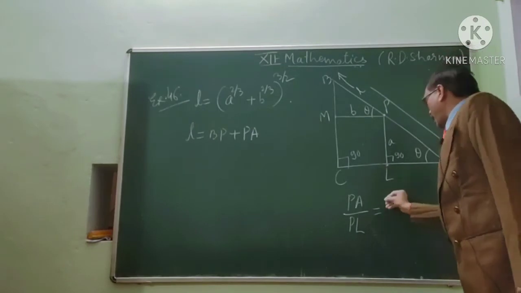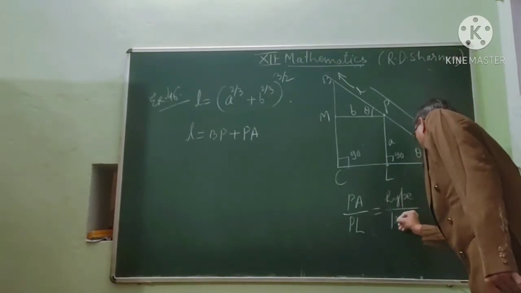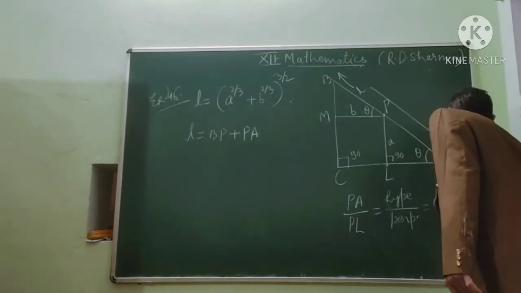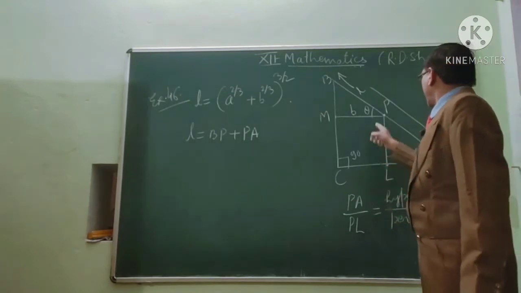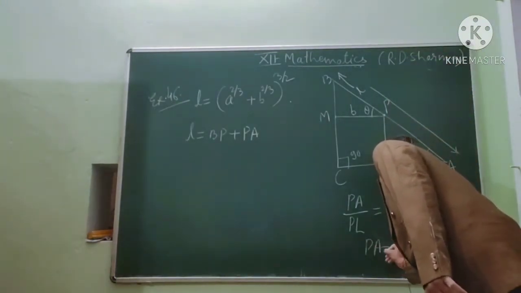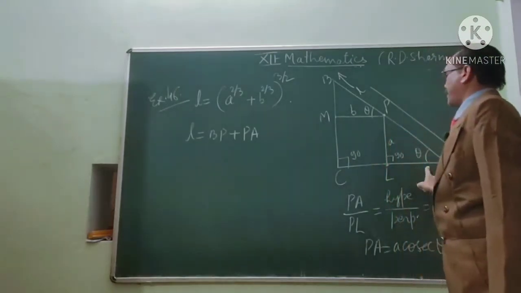So hypotenuse upon perpendicular is cosec, so it is cosec theta. Here PL is a, so PA equals a cosec theta. Here theta is variable.